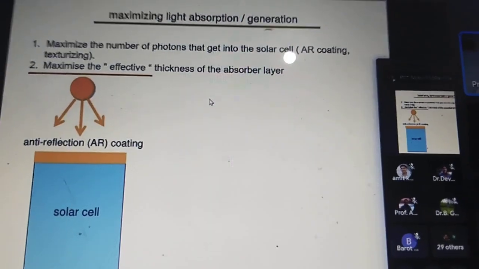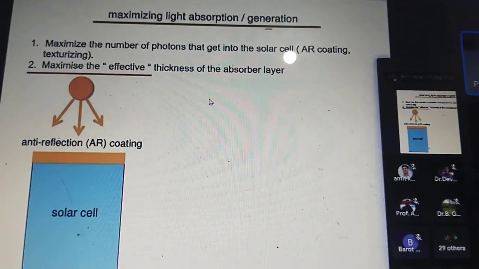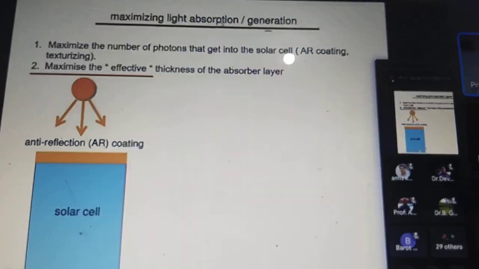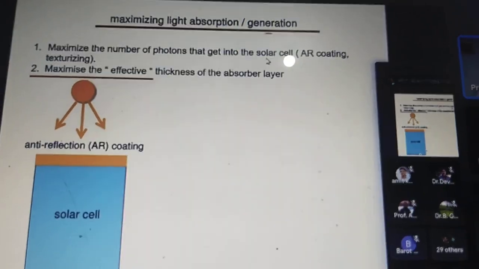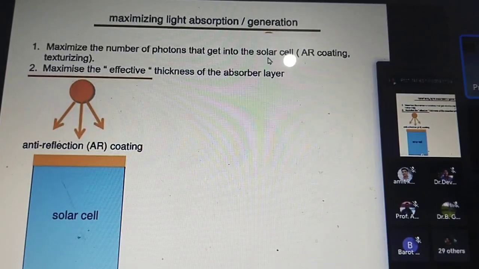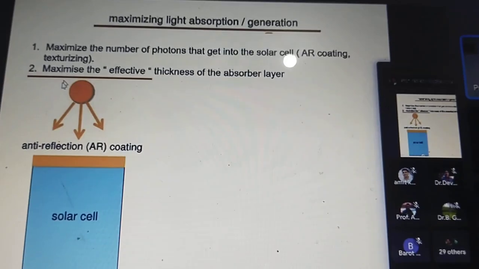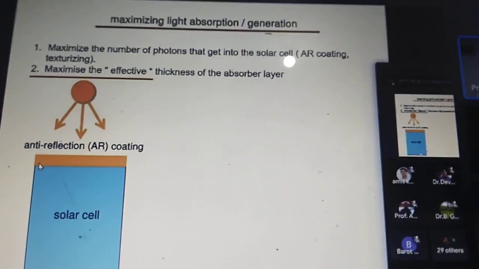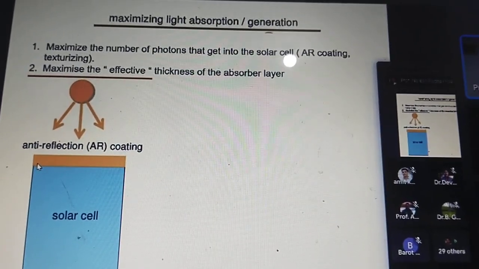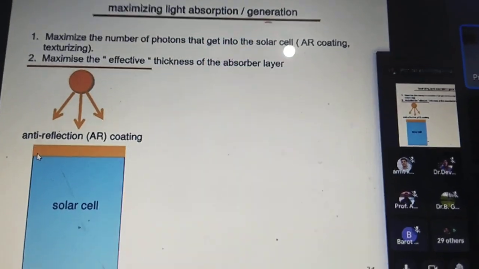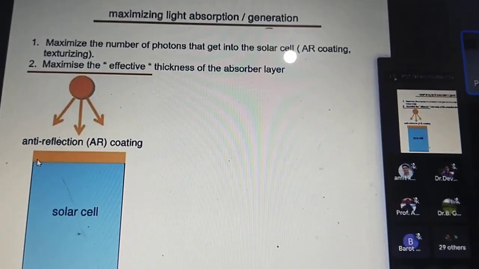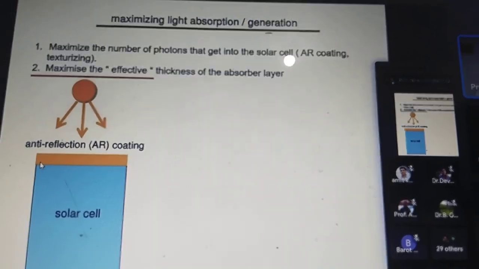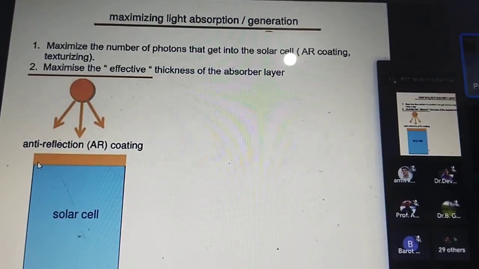Now, maximizing light absorption and generation. Maximize the number of photons that get into the solar cell. For that we use AR coating and texturing, to increase the number of photons that actually hit the surface of the solar cell. So anti-reflection coating is required so that light should not go back. More and more should be absorbed.